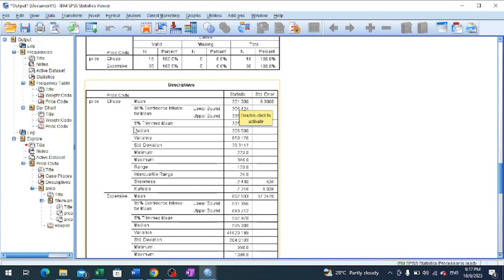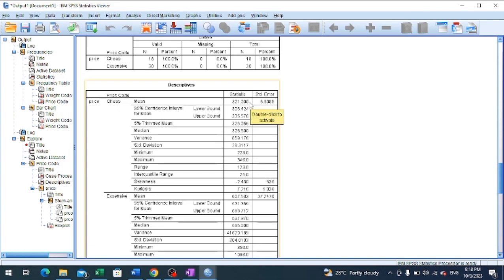You can also find a new thing, the 5% trim mean. The software computes it after arranging the data in ascending order and trimming the lowest and highest 5% of the data. So the software trims 5% of the data from the higher part and the lower part and then recomputes the mean value.